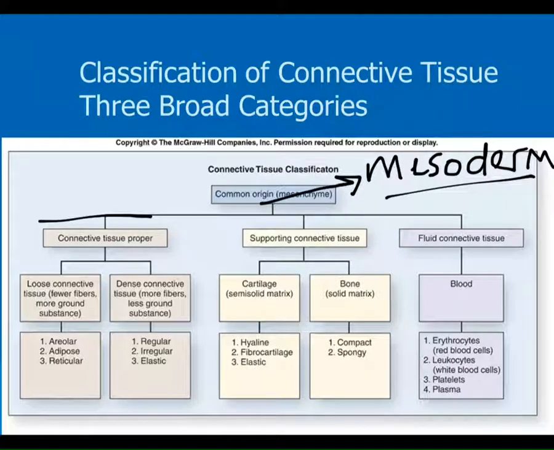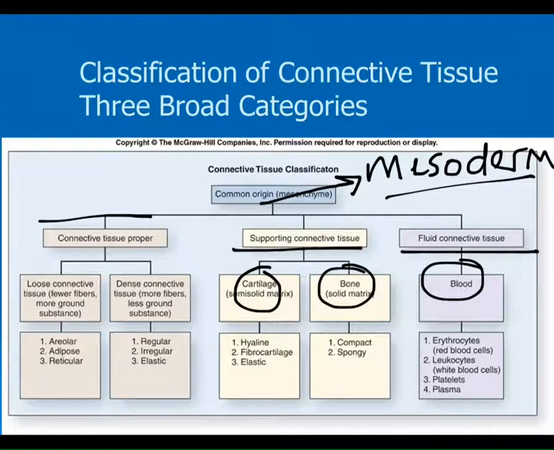Connective tissue proper. Kind of a weird name. But then there's the supporting connective tissues and the fluid connective tissues. So let's start there, because we know this one. There's only one fluid connective tissue, and that is blood. Got that, check. There are two structural connective tissues, or supporting connective tissues, and we already know those as well, cartilage and bone.